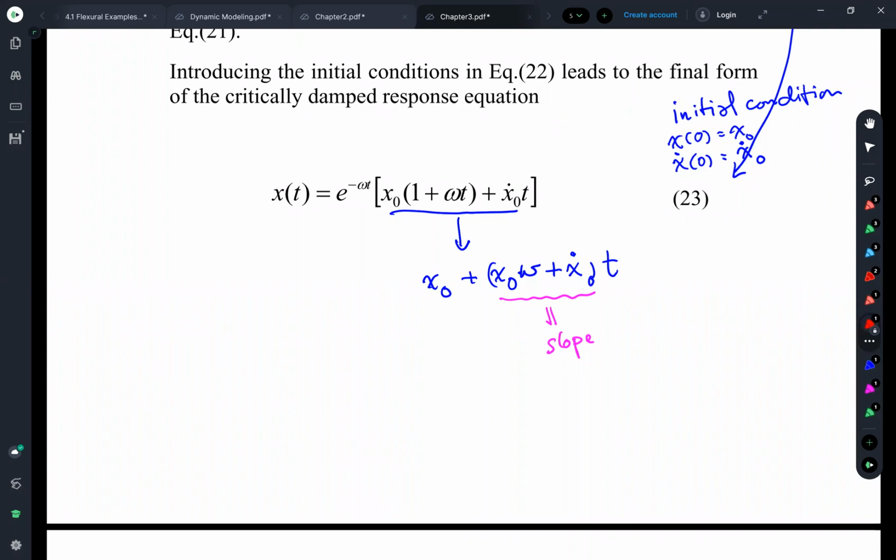with time. When you have the sine and cosine term, it's very interesting: your solution will change sign from positive to negative, depending on the angle inside the sine and cosine. But in 23, there are no sine and cosine terms.